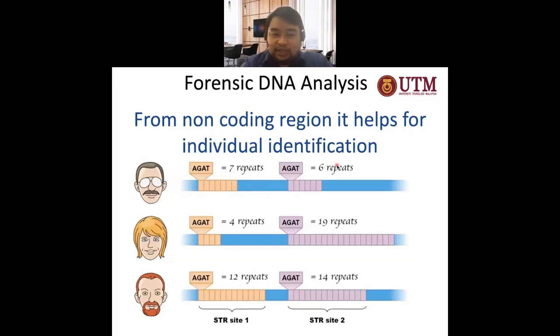So this first man repeats AGAT 7 times, then has some length, which is your exon, and then repeats AGAT again for 6 repeats.